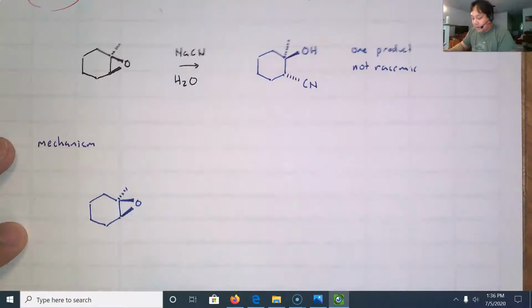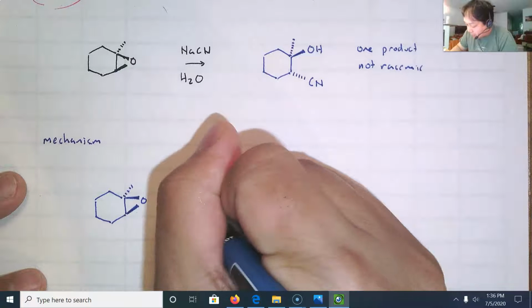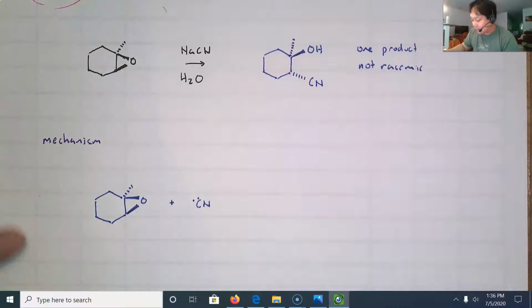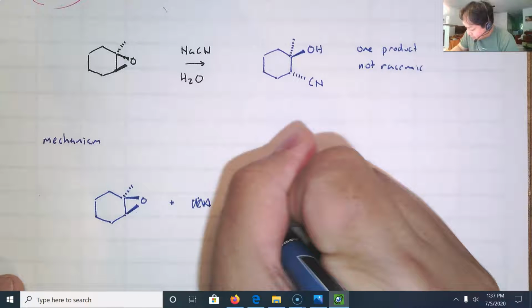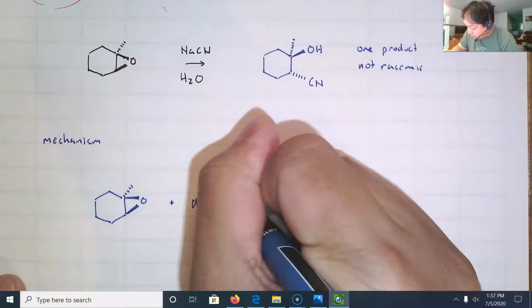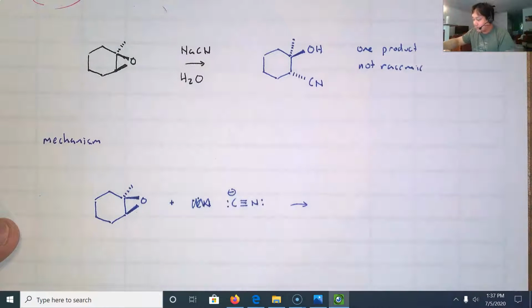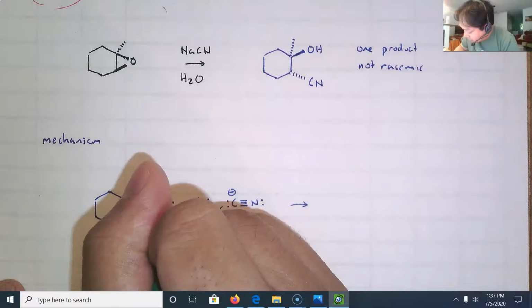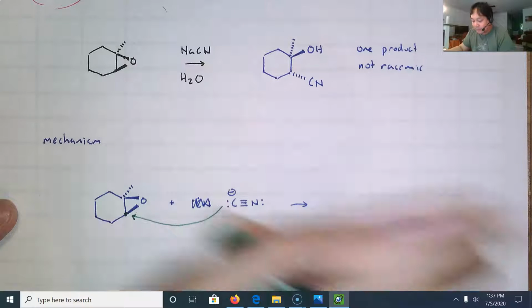Again, from Organic Chemistry 1, you got to know. Not the best way to draw CN. Let me draw it again. I'll draw the triple bond. The negative charge is on the carbon. We're going to attack the less substituted carbon. And you recall which bond to break if I attack this carbon right here.